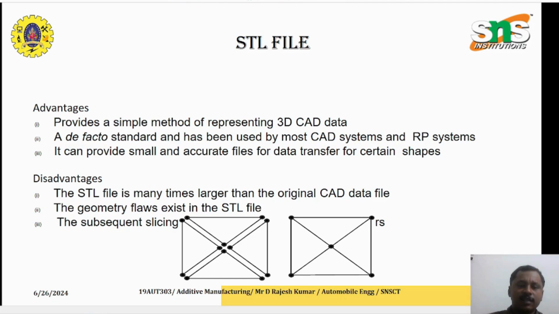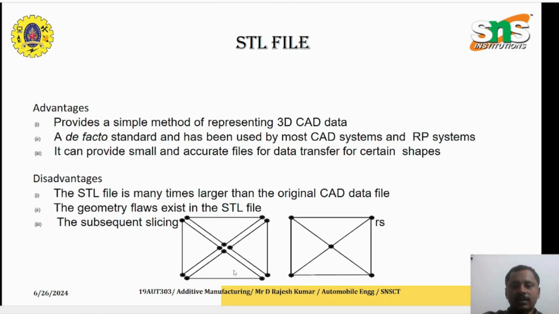Some disadvantages of this file format: you can see here it is larger than the original CAD file. Yes, sometimes the file size may be larger than the CAD file, and then there are geometry flaws. That is one of the geometry flaws you can see at the bottom of the slide.